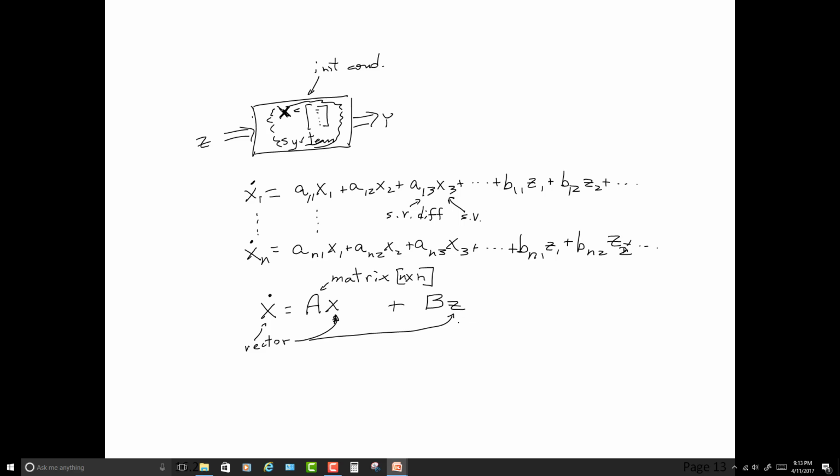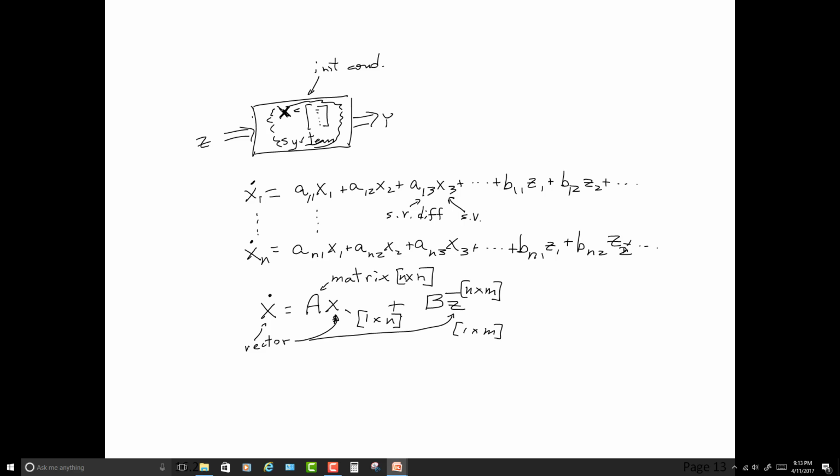This is a 1 by m vector, and this is a 1 by n vector, and so B must be what? B must be an n by m matrix.